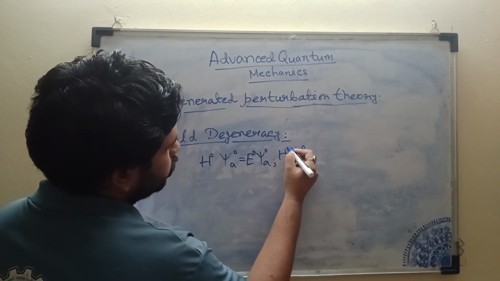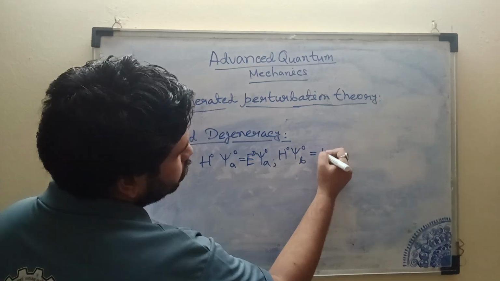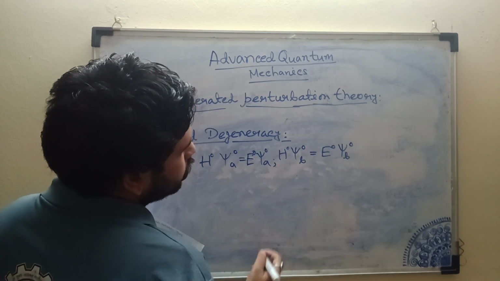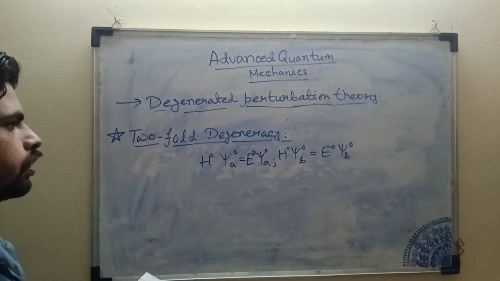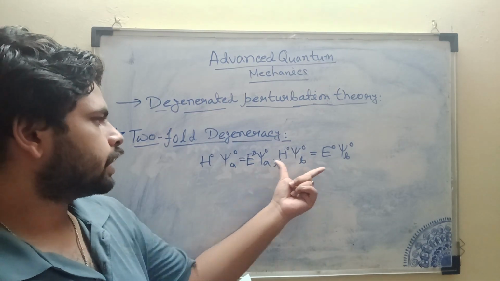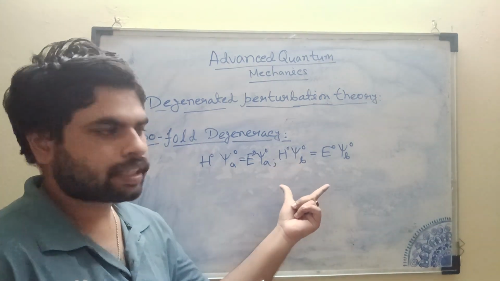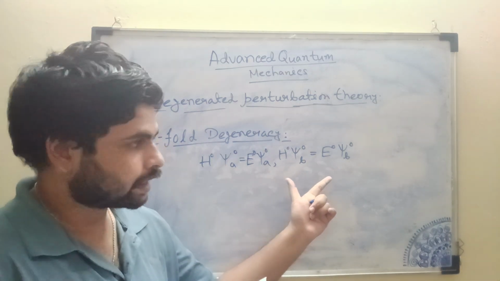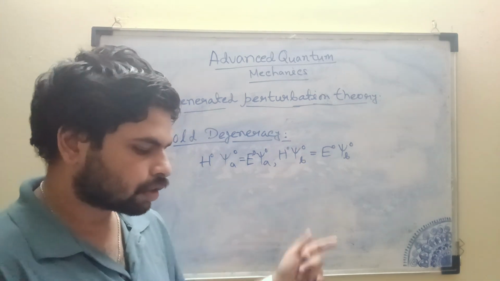Similarly, if we operate H0 on psi b0, we will get the same amount of energy for this different eigenstate. So we are getting the same energy eigenvalue for different eigenstates. So these are the degenerate energy states, and this is called a twofold degeneracy.